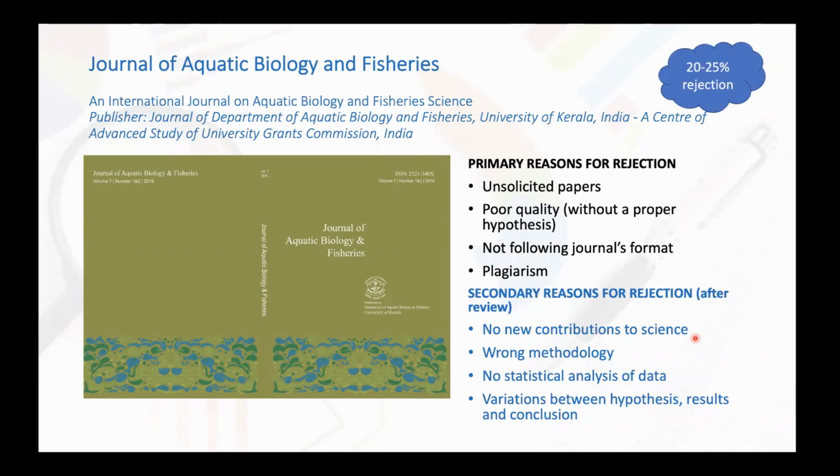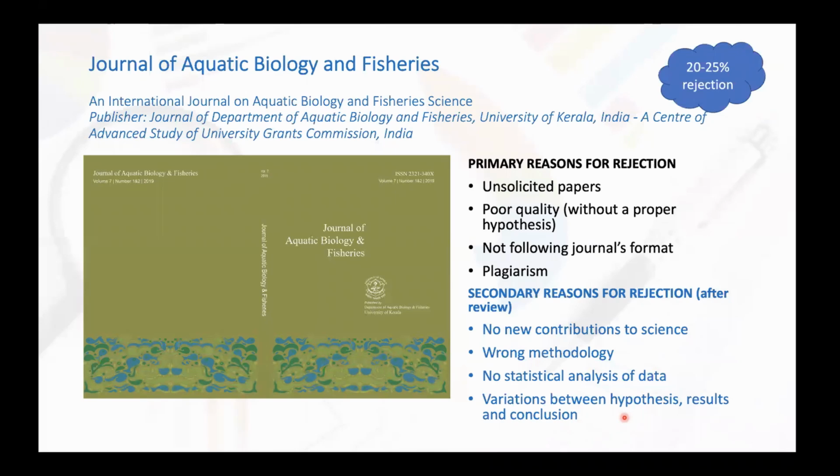Sometimes the paper will come without any statistical analysis. In science, you can prove this only through analysis, so analytical data is very important. And then variation between hypothesis, results, and conclusion is another reason for rejection. You may have a hypothesis, but your results will tell something else, and your conclusions may be an entirely different thing.